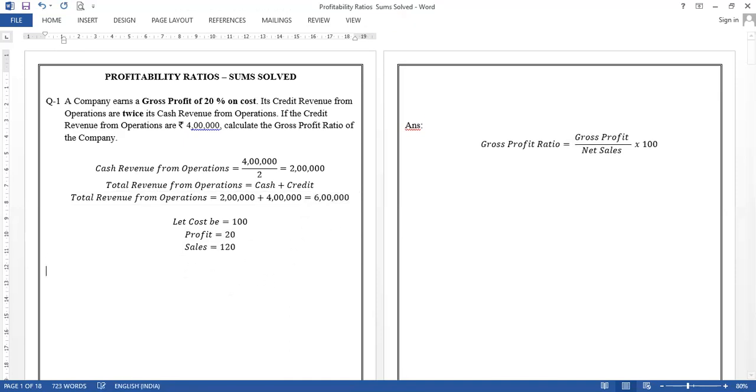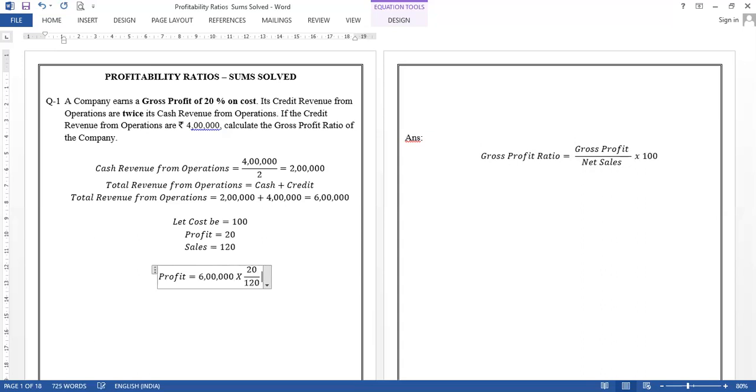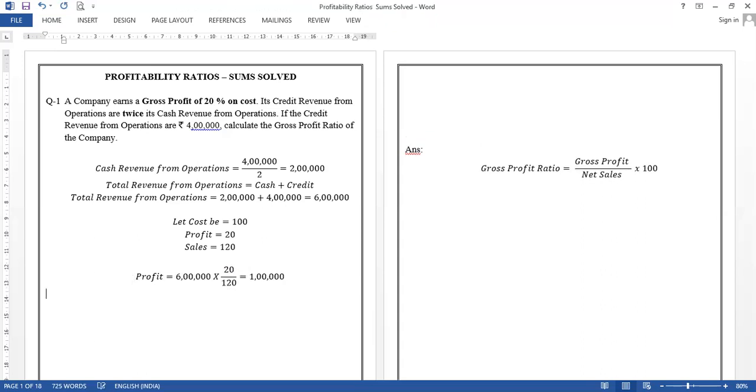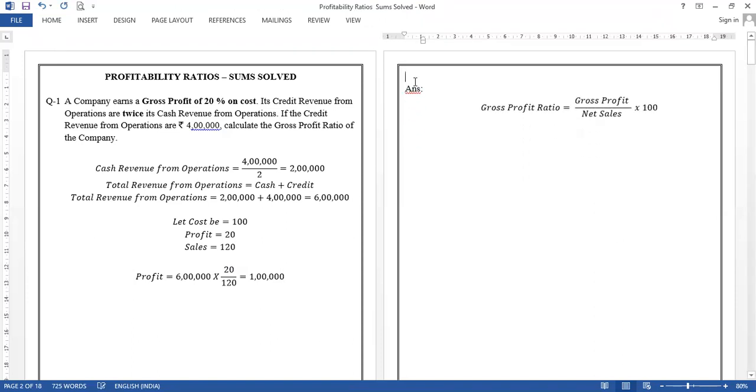Let us calculate that. Profit will be equal to 6 lakh into 20 by 120. So the answer will be rupees 1 lakh. This profit basically will be my gross profit, right?